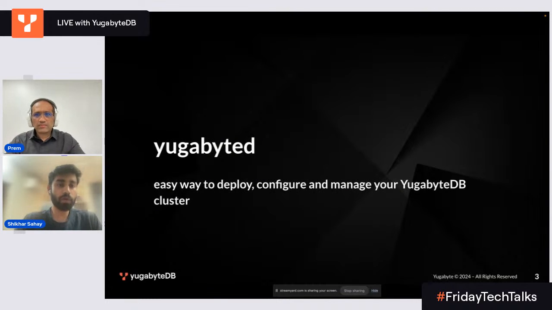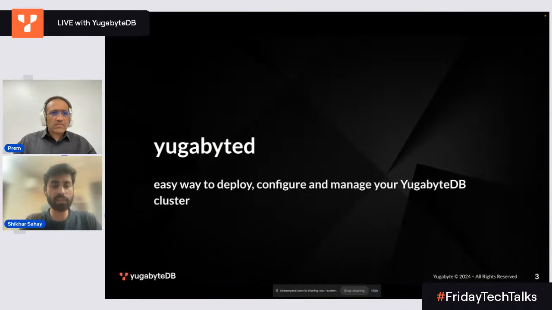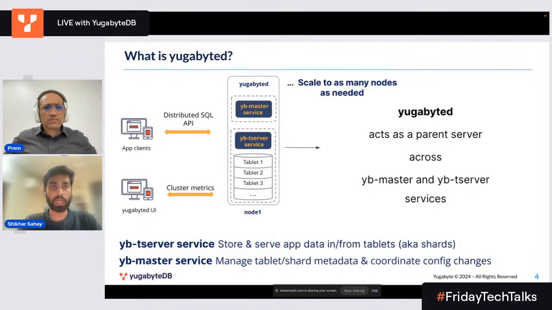So as we were talking about YugabyteD, YugabyteD is a very easy CLI tool for us to deploy, configure, and manage our YugabyteDB cluster. We'll be seeing in the demos more about YugabyteD. A little more introduction on YugabyteDB architecture: YugabyteDB acts as a two-server architecture with the YB Master service and the YB TServer service.